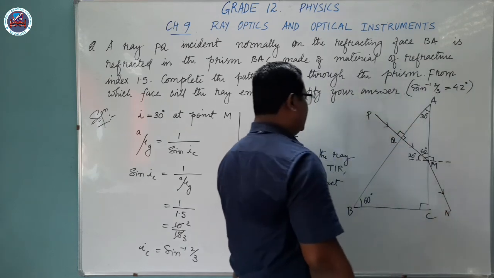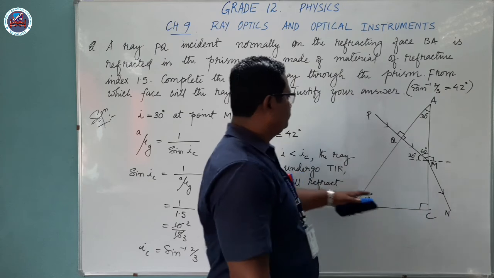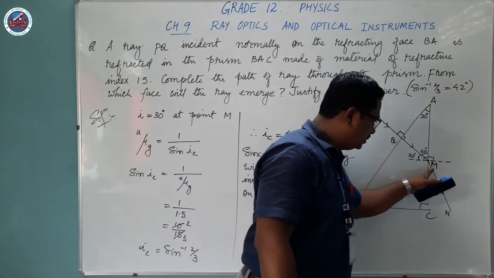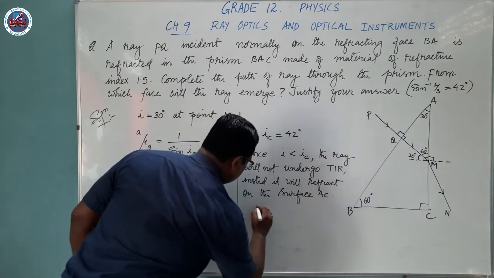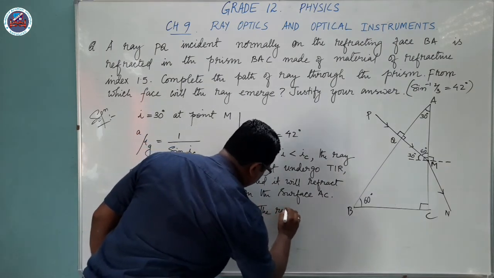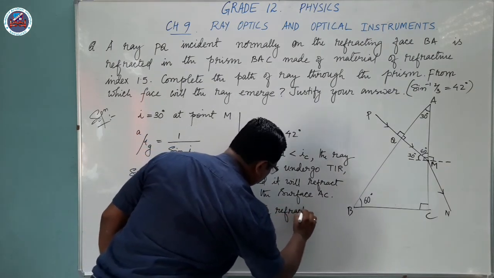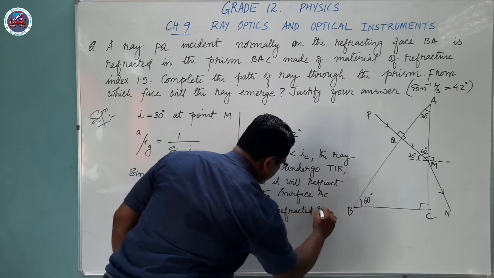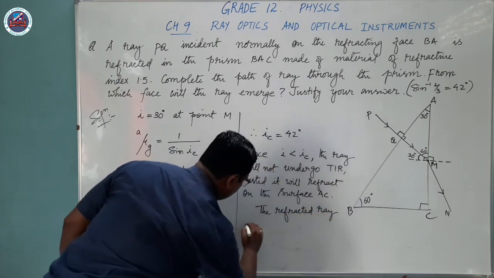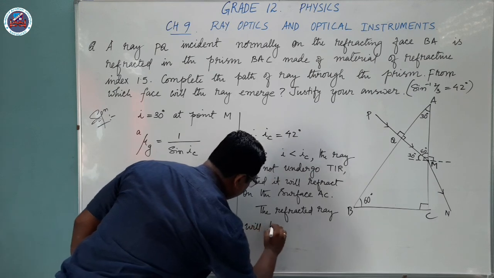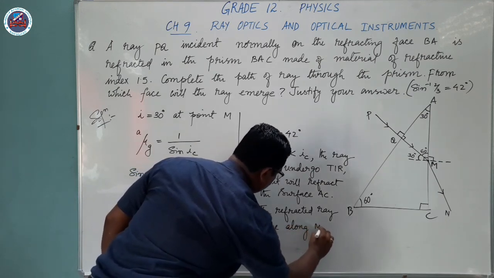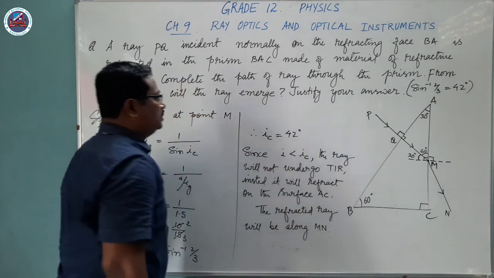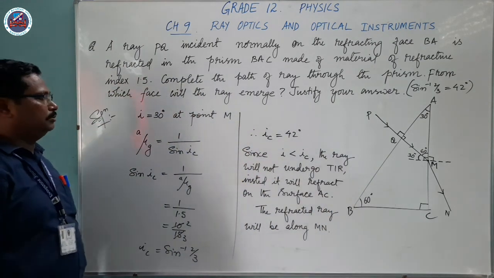In which direction will the light pass? Then we will say the ray will pass along MN. The refracted ray will be along MN.